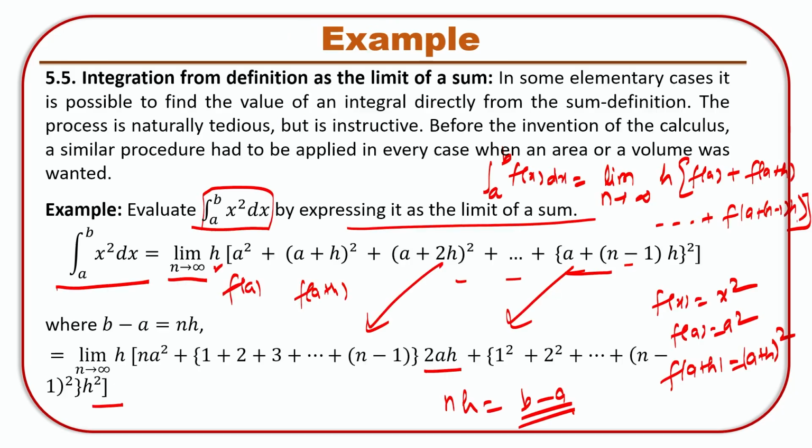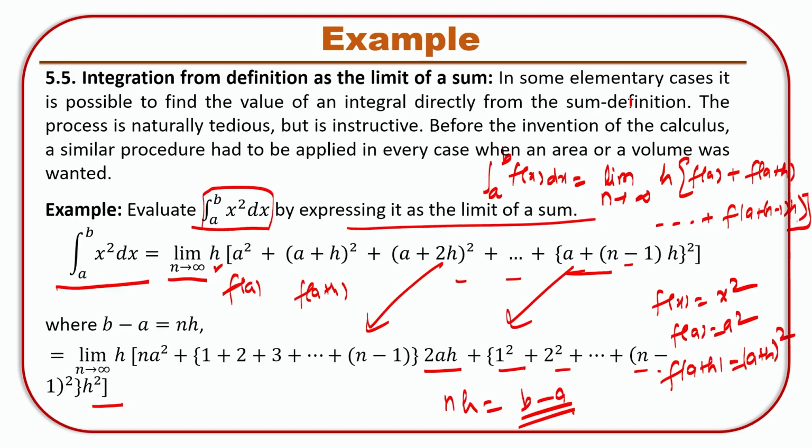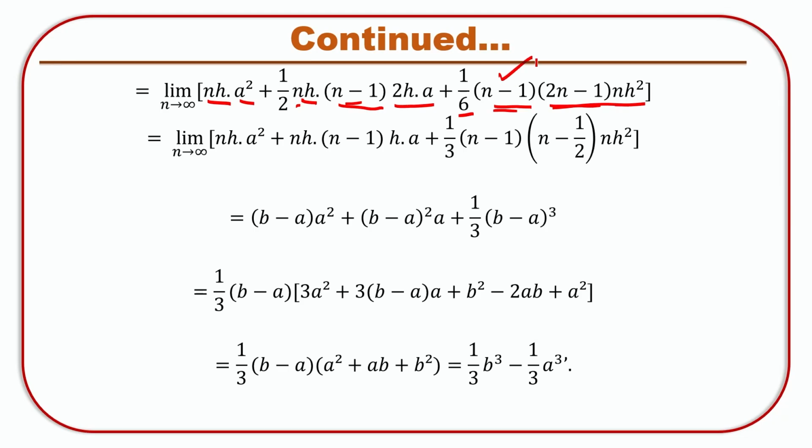And similarly, you have 1 square, 2 square and so on, and this can easily be found as n into n minus 1 into 2n minus 1 divided by 6, right. That is how we have built it here. And now simplify all those. So this will give you nh square, and the 2 cancels out here.